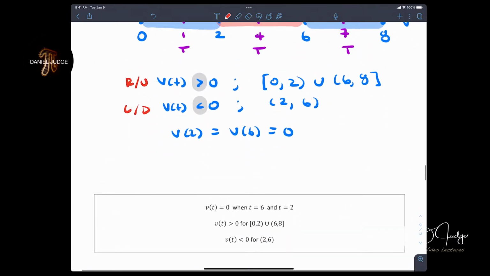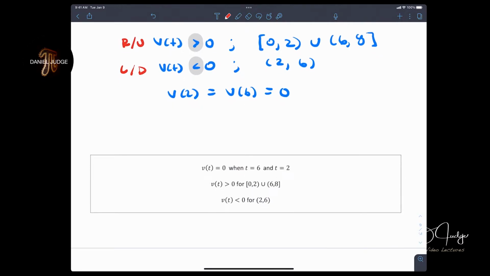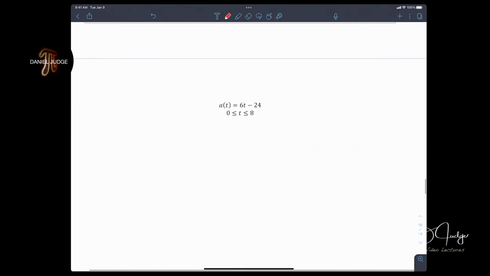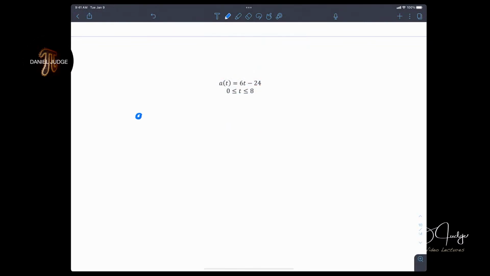And now, this is exactly how I summarized it here for us, so you guys can see. So it's the same kind of summary, so I wanted to give you guys that summary there. Now, acceleration sign analysis. You say, what about for acceleration? Well, sign analysis here again starts where a of t is 0, which means 6t minus 24 is 0.